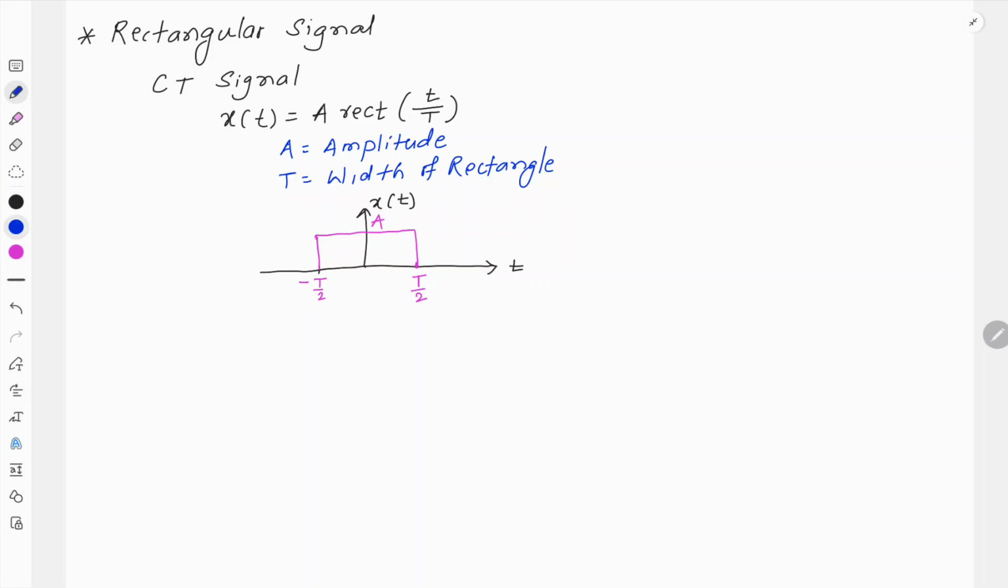Remember, whenever we are representing this signal, this capital T is the width of rectangle. So always plot the coordinates as minus T by 2 to plus T by 2, and at center we have the origin of the signal axis.